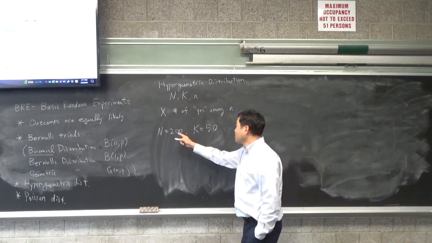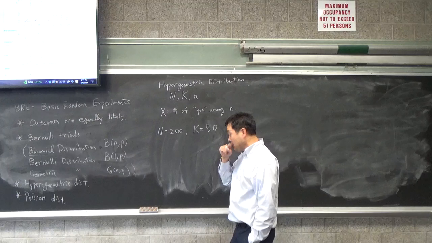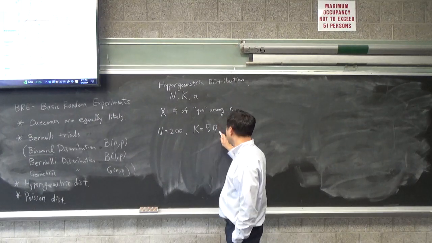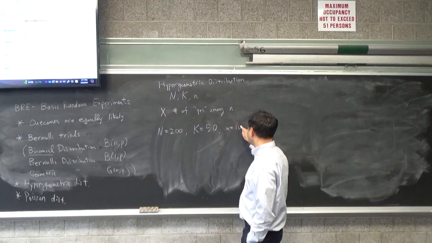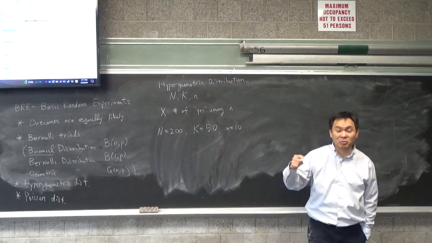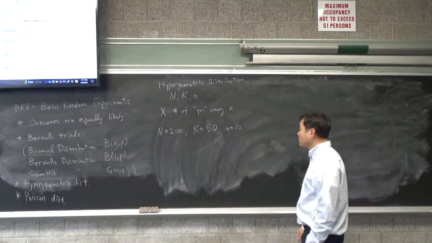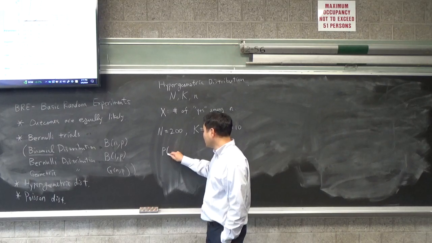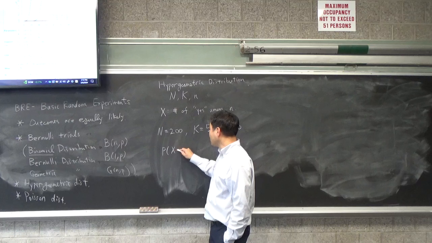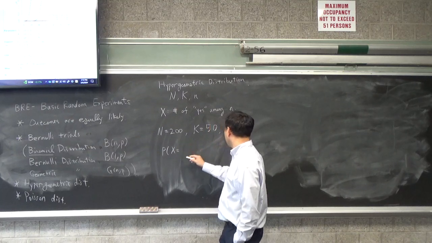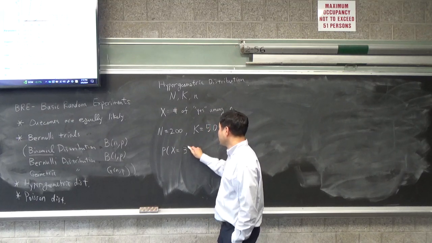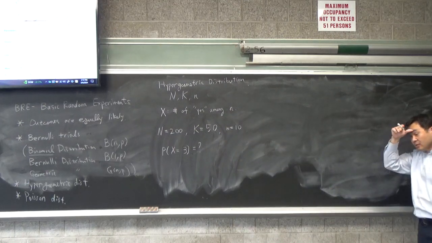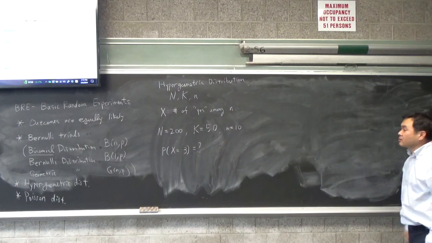If that's correct, what's the probability that if you take 10 samples, randomly call 10 people, you get X equal to exactly 3? That's the question.